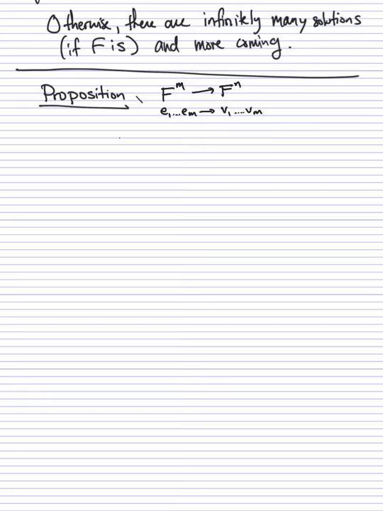Then properties of the matrix should tell you properties about these m vectors. So we're going to let A be the matrix, n by m, whose columns are the v_i's, up through v_m.